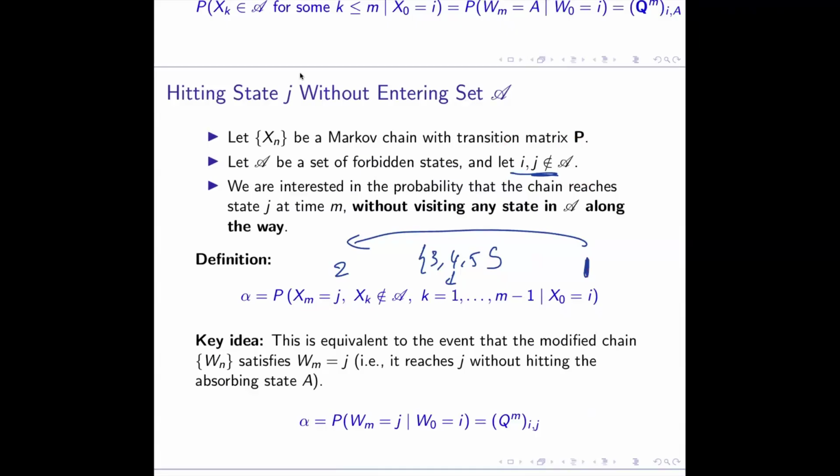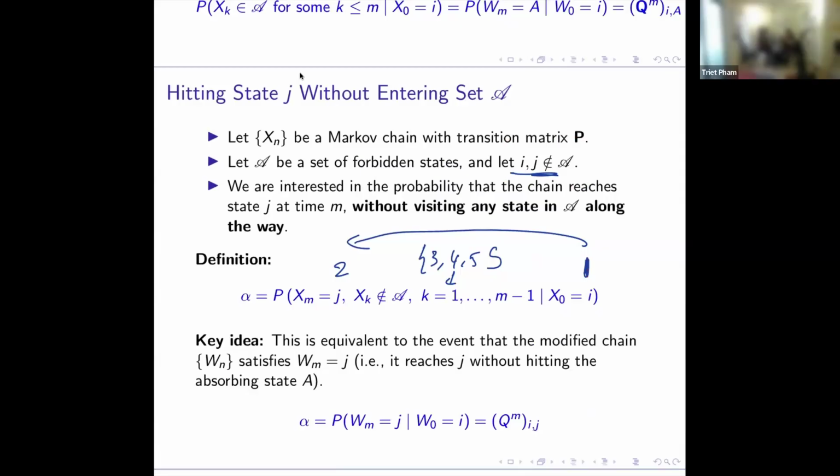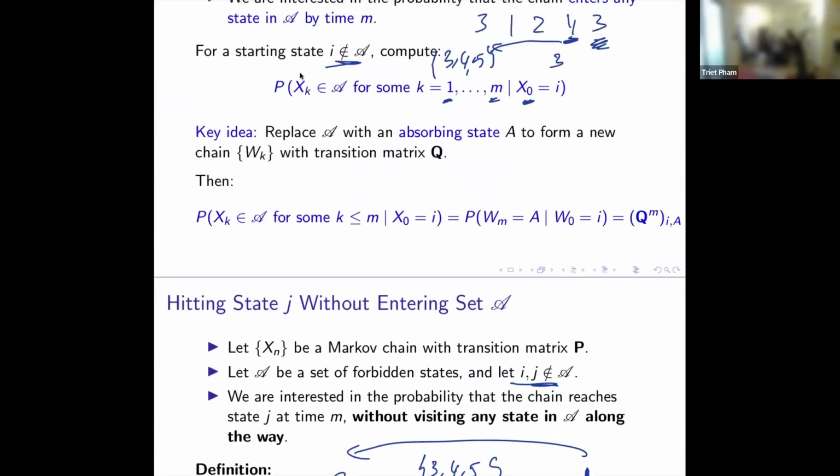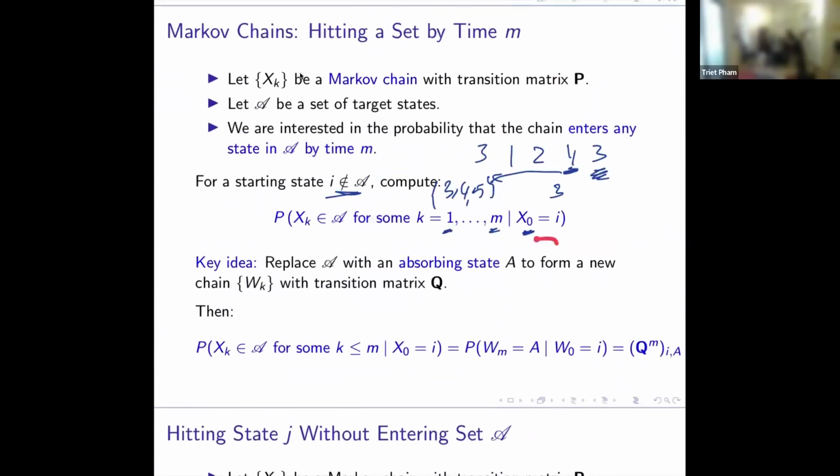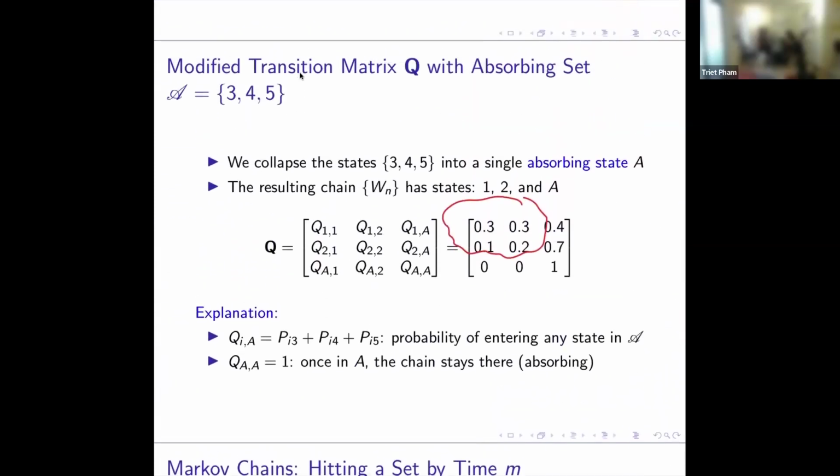Any answer? If I is already in A, we can't use the logic of our Q matrix and our new modified chain. We would have to come up with a different solution. Agreed. That's exactly it. It's about the technicality. Even though there's nothing wrong with asking this question, the Q matrix itself does not see state 3.